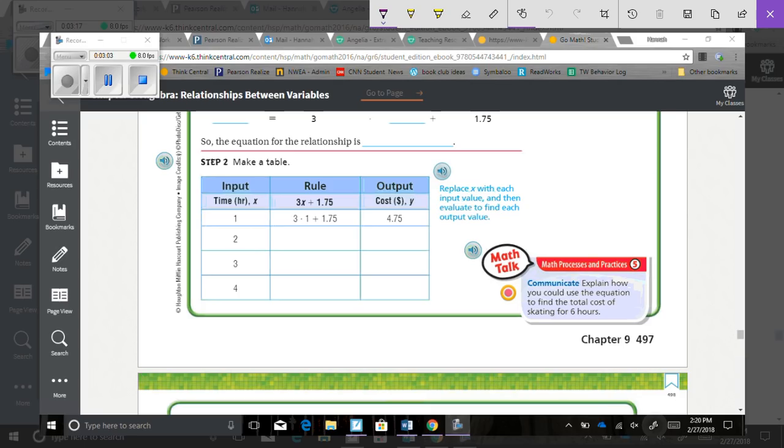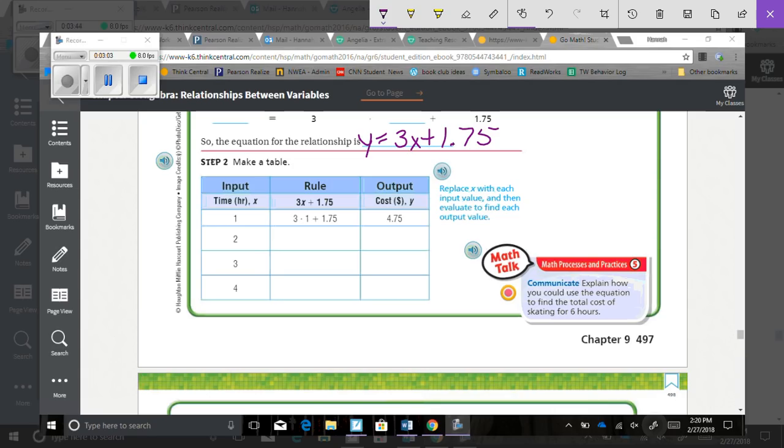So we're going to make this equation, which we decided was y equals 3 times x plus $1.75. So our rule is 3x plus 1.75 is going to equal y.